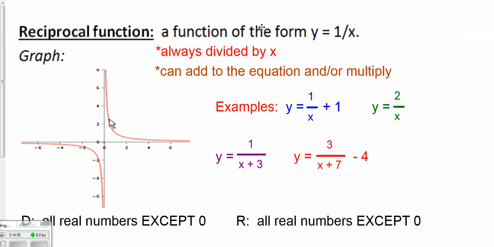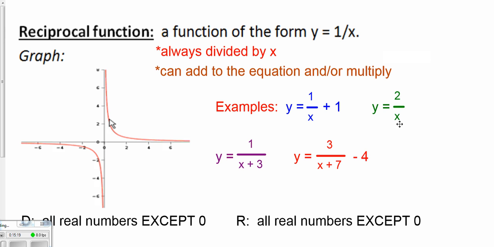One more, we have the reciprocal function. Any function of the form y equals 1 divided by x. Now it doesn't always have to be 1 right here, it's just always something divided by x, or divided by x and some more. So you can add or subtract or multiply to the equation, that's fine. So we can look at things like y equals 1 divided by x and then add 1 at the end of it.